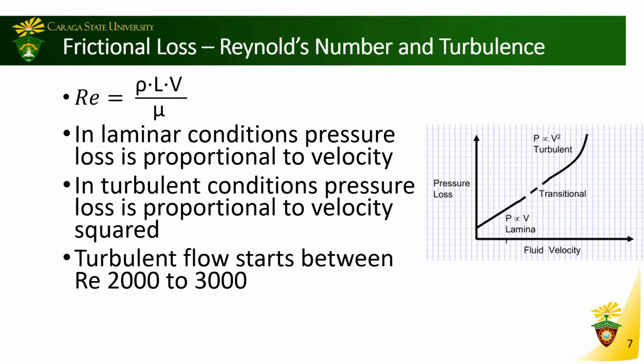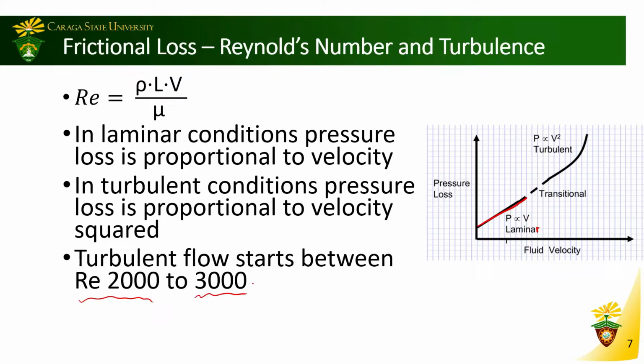So we could see from the graph a plot of pressure loss versus fluid velocity. The relationship between pressure loss and fluid velocity is linear if the flow is laminar, or there is laminar flow in this part.